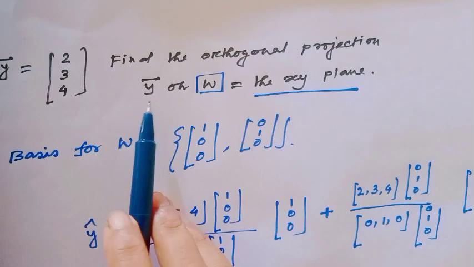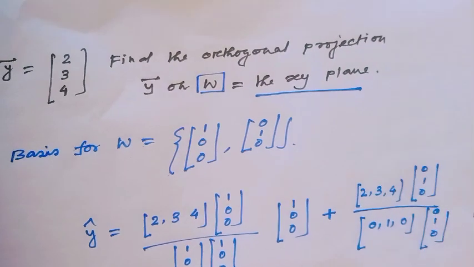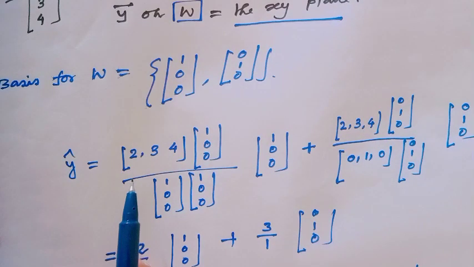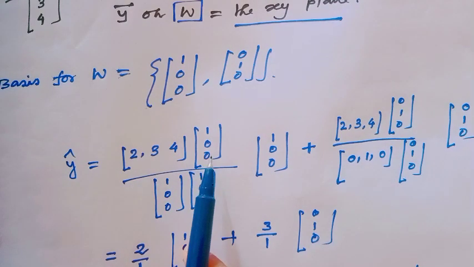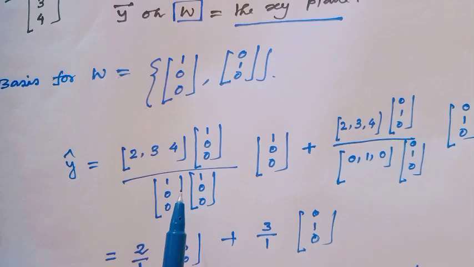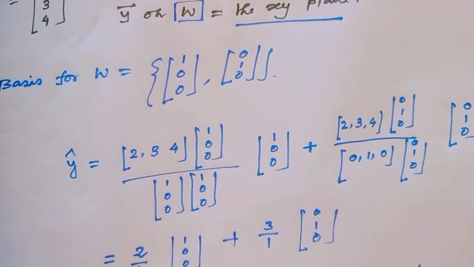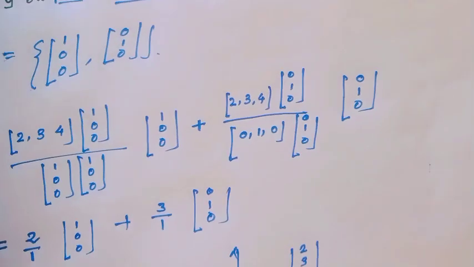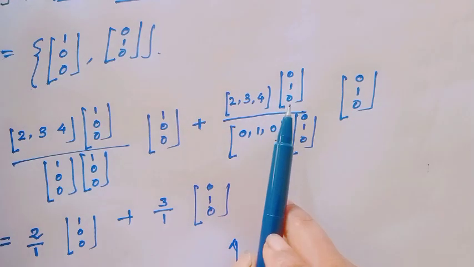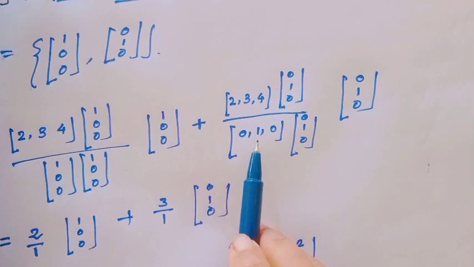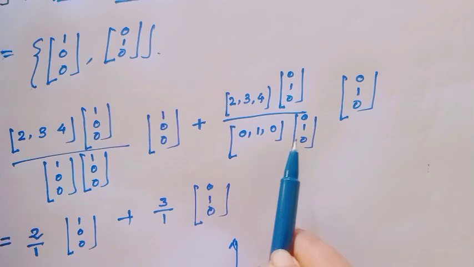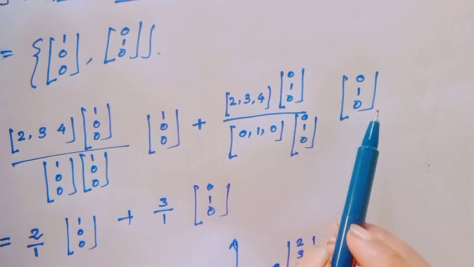Then the orthogonal projection of y by the formula is 2, 3, 4 dotted with 1, 0, 0 over 1, 0, 0 dotted with 1, 0, 0 times 1, 0, 0, plus 2, 3, 4 dotted with 0, 1, 0 over 0, 1, 0 dotted with 0, 1, 0 times 0, 1, 0.